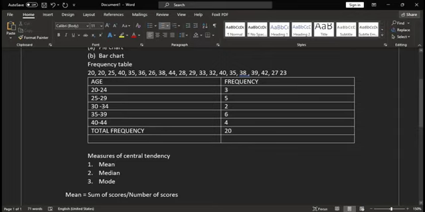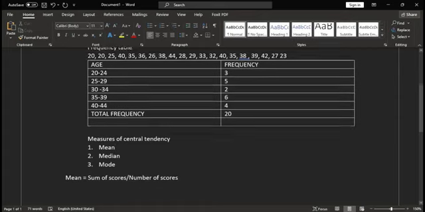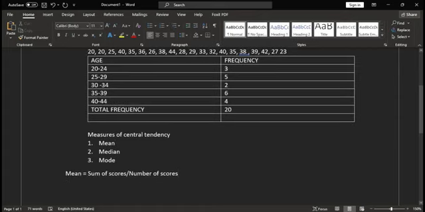So assuming we are to take the mean of this, we said the mean is the sum of scores over number of scores. The sum of scores here is 20. But you know, when you're solving, you don't just write 20, you have to show your full working.